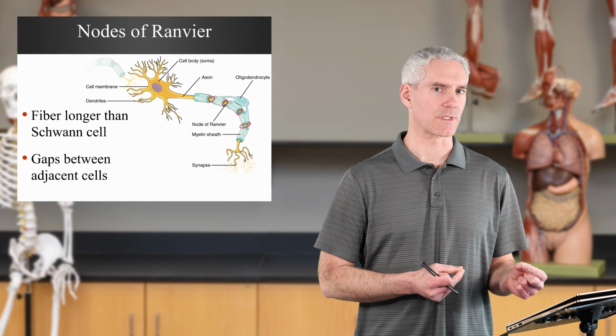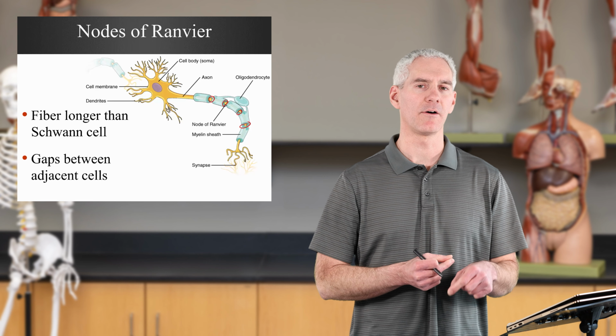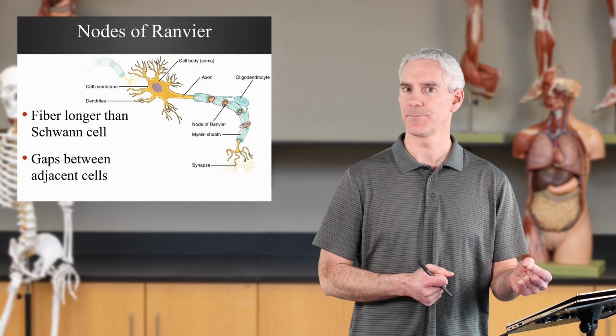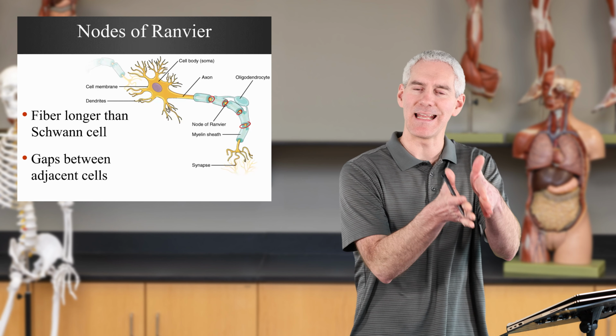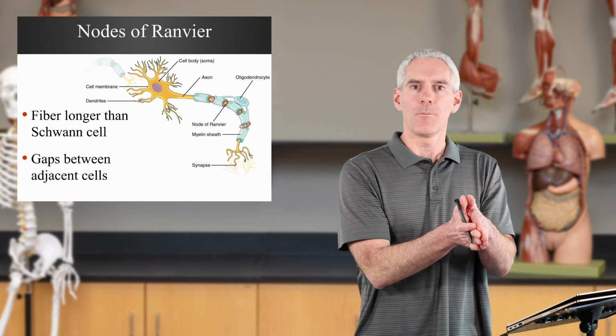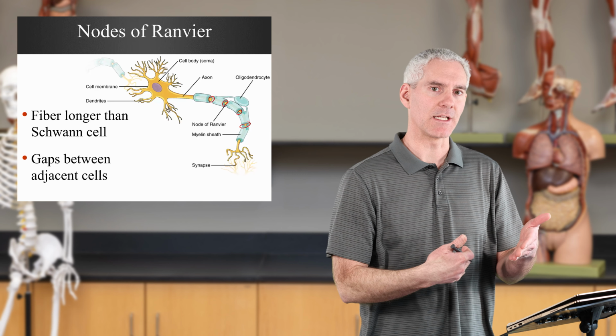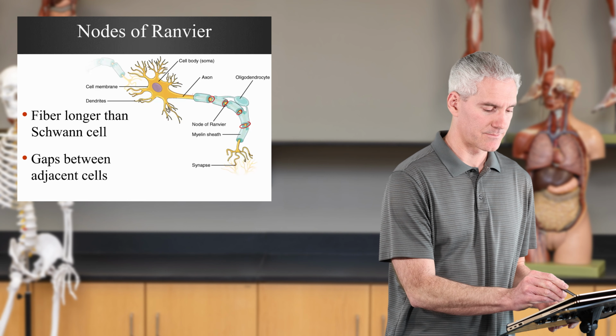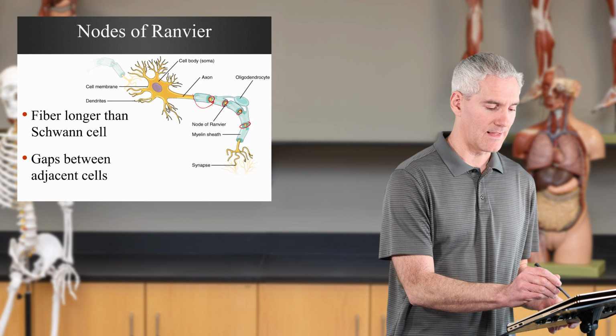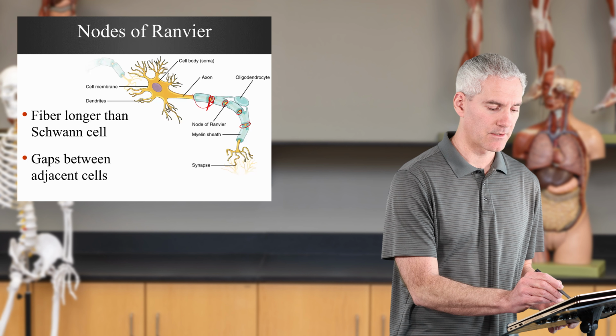The reason that's important is all of the voltage-regulated sodium and voltage-regulated potassium channels are compressed into that node because they can't allow for exchange through the myelin sheathing. So the signal kind of jumps to here. A lot of exchange occurs. Signal jumps to the next spot.